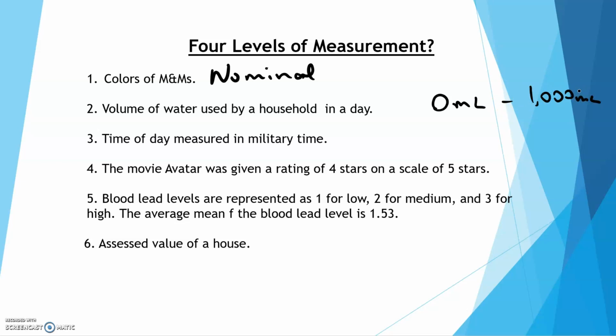The differences do mean something. We can say 95 milliliters minus 4 milliliters will give us more milliliters. If we have 0 milliliters of water, do we have water? Well, no. So none of the quantity is present at 0. So that would have to be ratio.